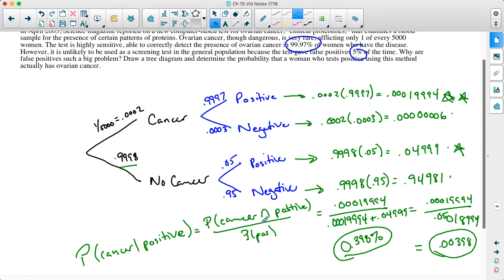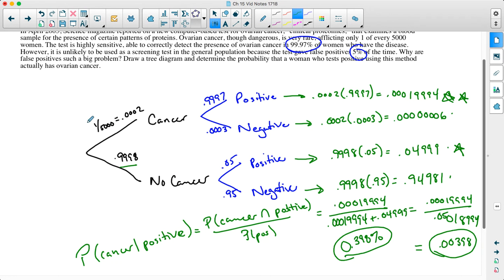And so if you think about it, yes, that's great that you have a positive test. However, the chances that you have cancer given your positive test in this situation is very, very small. And so why scare everybody, like 99.602% of the population, if they're just going to get a positive test?